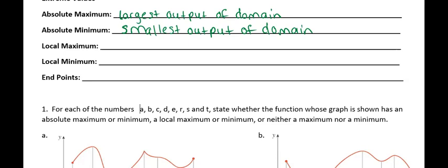So the local maximum is the maximum on an interval. And the local minimum is the minimum, so the min on an interval.